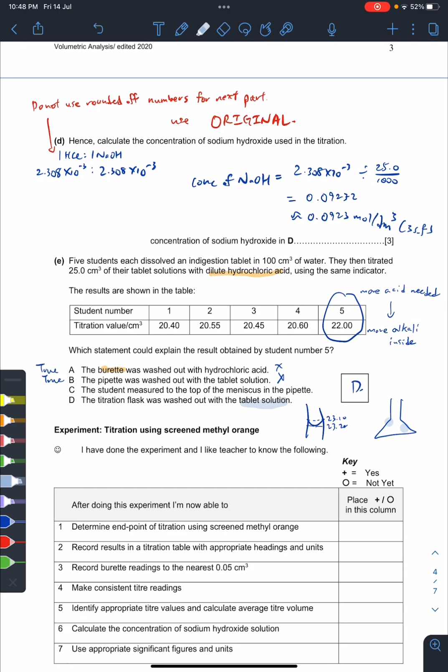It's possible, right? And isn't this thing just alkali? So if you wash it with the tablet, some of the tablet solution remains there, which means there's more alkali. That's why you need more acid. So that's how it is.